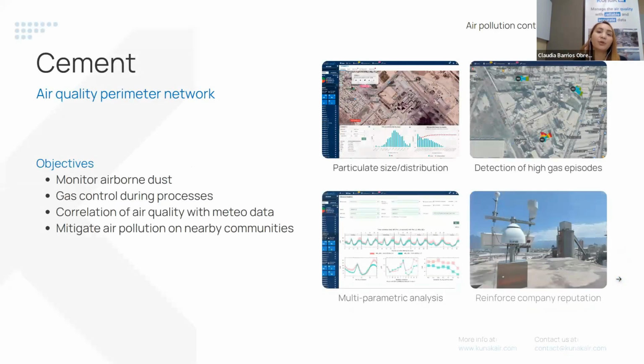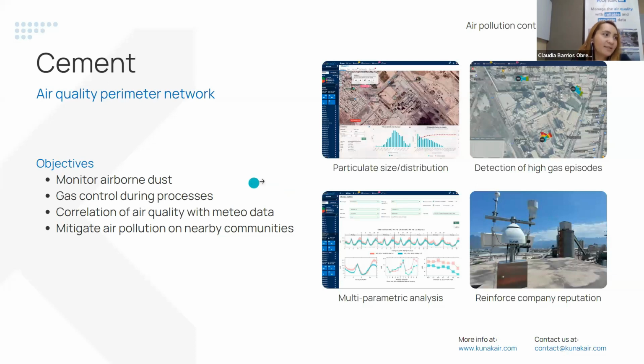Another relevant project is related to cement plants. In response to adopting more environmentally sustainable policies, protecting nearby population and workers' health, one of the world's cement leaders installed an air quality perimeter system.